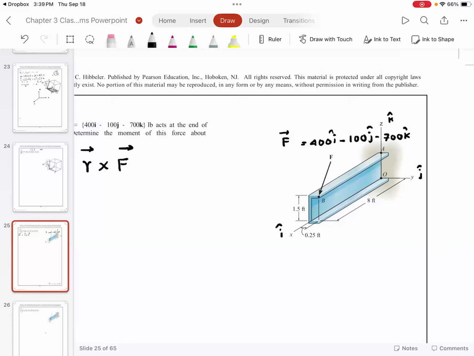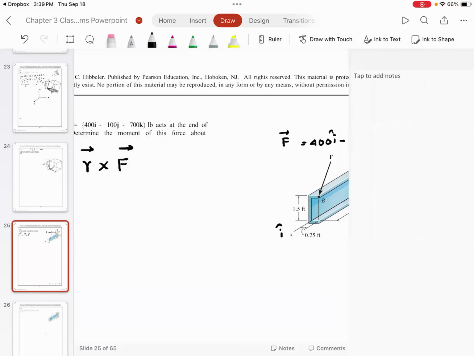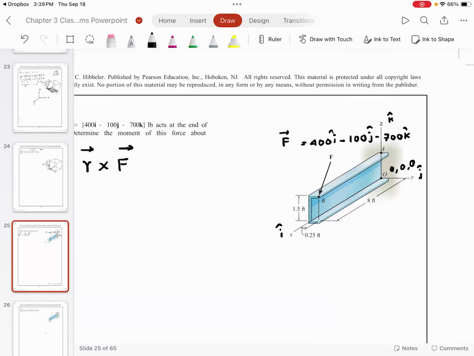You agree with me? Now, if I ask you this question, with O as your origin, this is 0, 0, 0. Can you tell me for point B, what is its x coordinate? Can you see that point B has 8 as its x coordinate?